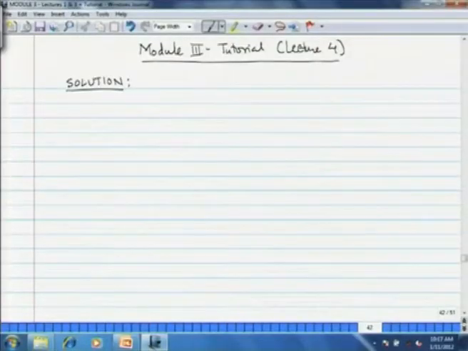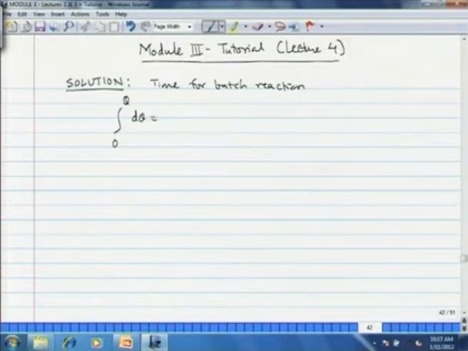The first one, batch reactor. We have to estimate the time. The time for batch reaction is given as integral 0 to theta d theta, where theta is the time, equal to integral Ni naught to Ni e dNi divided by Vr into Ri.